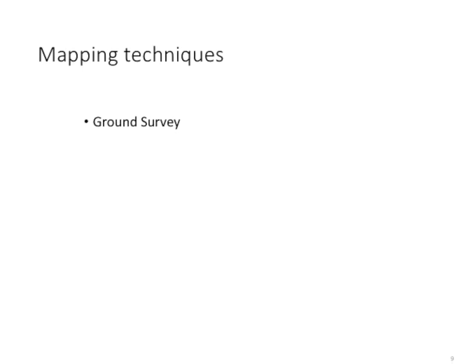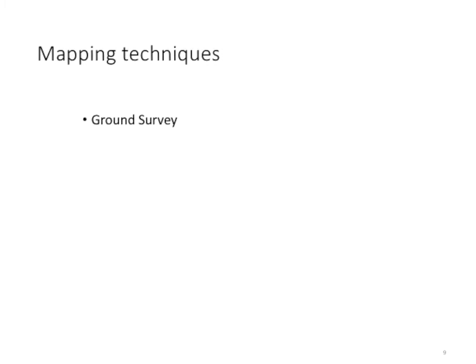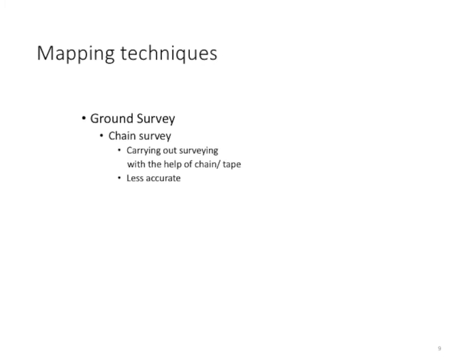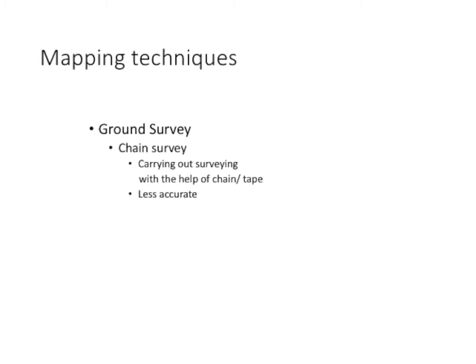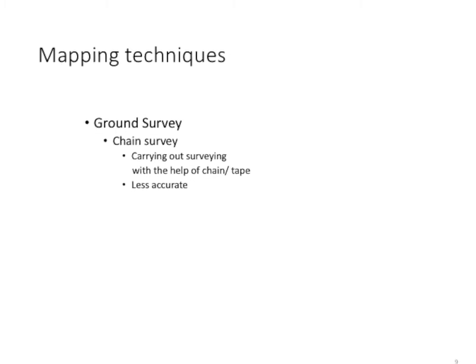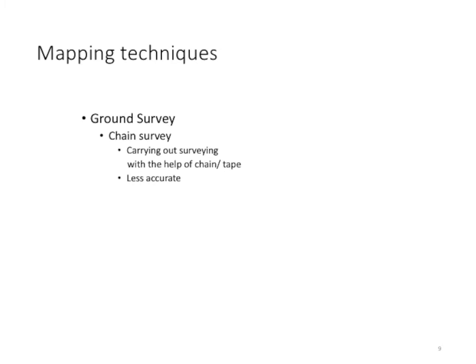Mapping techniques can be divided into two types, direct and indirect. Direct is a field survey, and indirect is a space, satellite, aerial, photogrammetric or UAV survey. The field survey was carried out in Nepal by Bir Shamsher in 1952, Sarpat Napi, in Sindhupalchok and Kavrepalanchok districts.